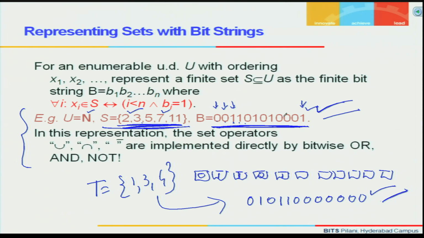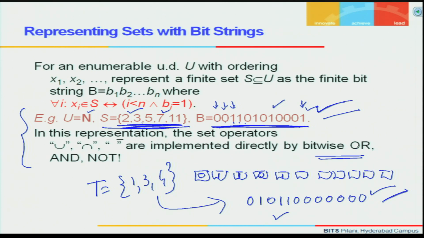You just apply the bitwise OR operator on these 2 strings, and the resultant bit string is the equivalent representation of the union of the sets S and T. The set operator union is nothing but the bitwise OR operator working on bit strings, if you represent sets this way.